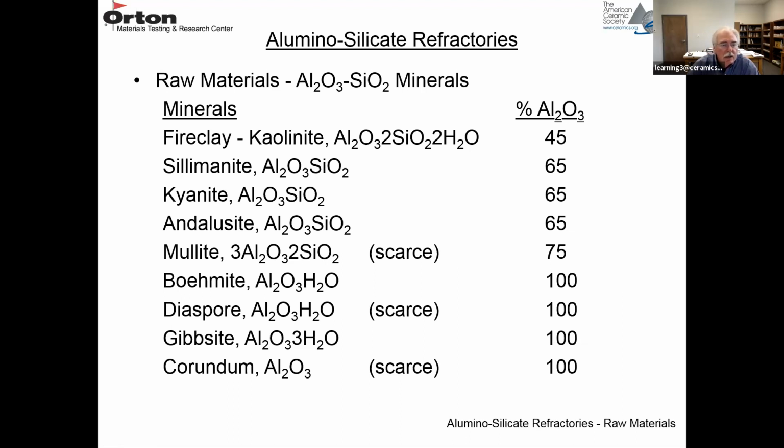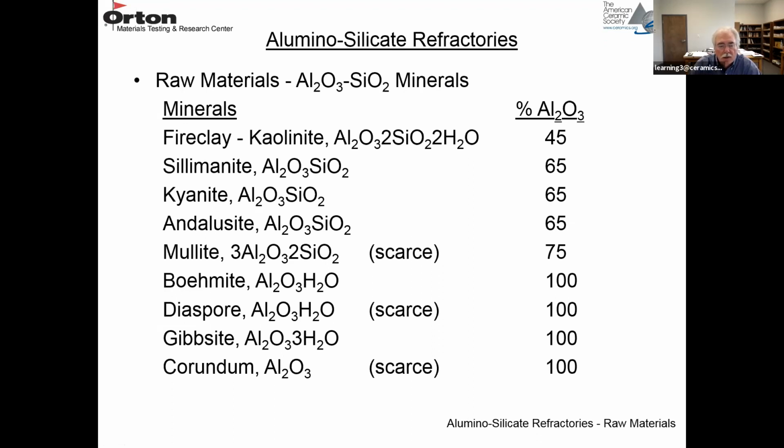Sillimanite, kyanite, and andalusite all have the same formula, Al2O3, SiO2. There's 65% alumina. The next one is mullite, 3Al2O3, 2SiO2, that has 75% alumina. Then the hydrated aluminas, boehmite, diaspore, and gibbsite, all have 1 or 3 H2Os attached to the Al2O3.